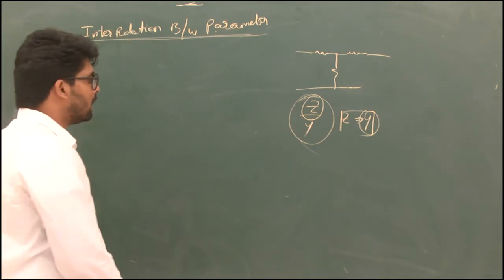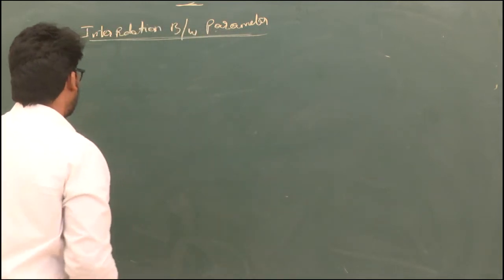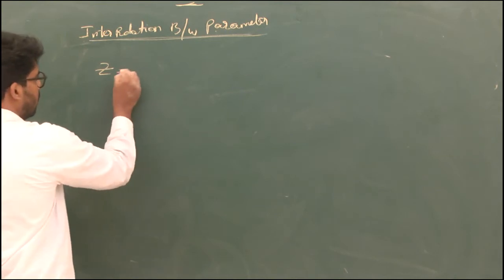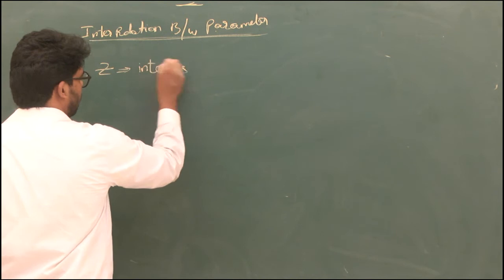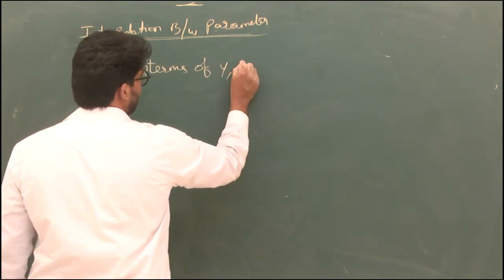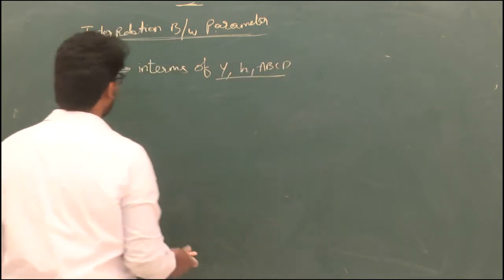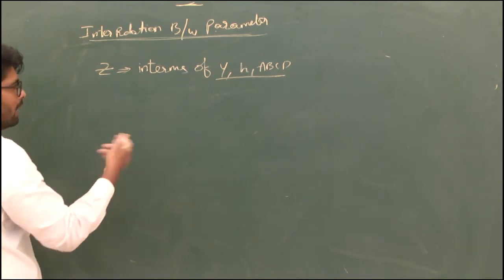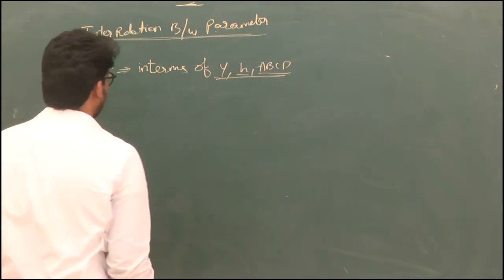So how will we relate them? Now we will replace the Z parameters in terms of Y parameters, H parameters and ABCD parameters. We have the 4 standard parameters: Z, Y, hybrid H, and ABCD.